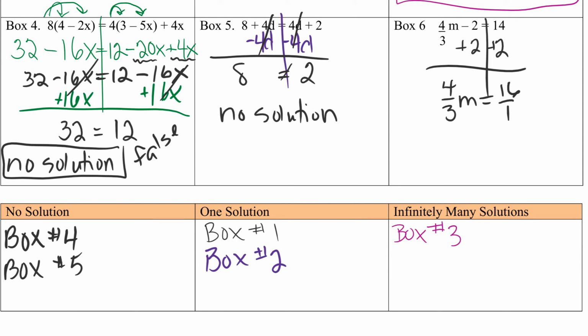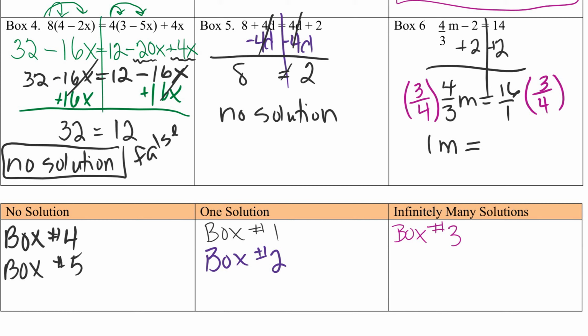We're going to take the reciprocal of the number in front of your variable. So I'm going to flip it, so it's 3/4. That's the reciprocal. So on the left hand side, 3/4 times 4/3 is 1 m.